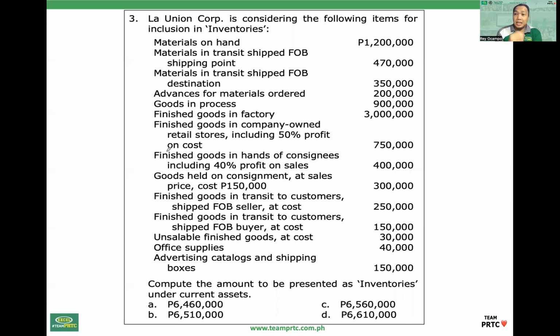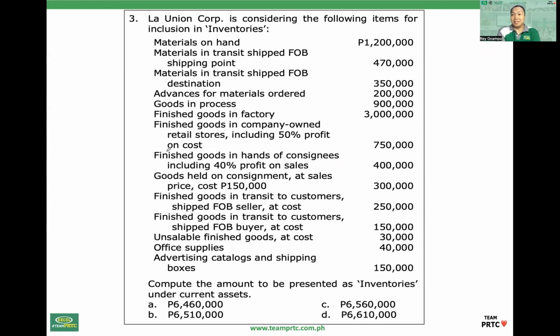So aside from the nature of inventory, which we saw as defined in PAS 2 in question number 1, for the particular items to be included in inventory, as a general rule, following the legal test: owned, include. Not owned, exclude. So of course, to be called assets, they must be owned. So if owned, include. If not owned, exclude. Okay?